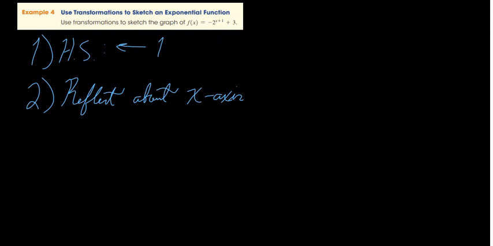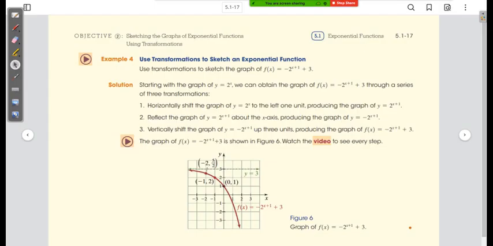So that's the second thing I'm going to do. And then the third thing I'm going to do is make a vertical shift up 3 units. And I'm going to go ahead and put all that here.